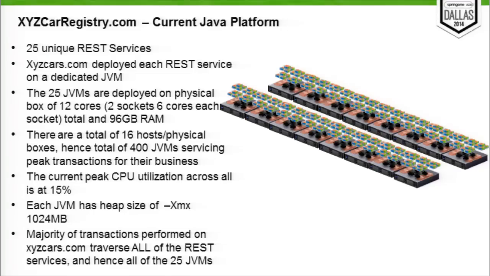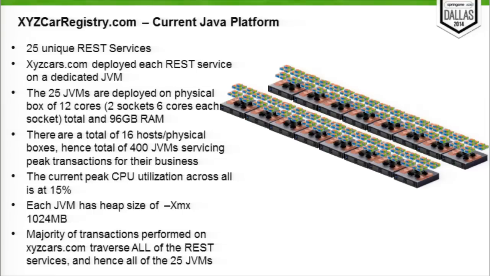And they decided one REST service sits on one JVM, right? On day one, they had 25 JVMs, 25 gig, and they rolled out. On day two, when they needed to scale out, they scaled out again, and again by 25, by 25, and they ended up with 400 JVMs across 16 physical hosts.